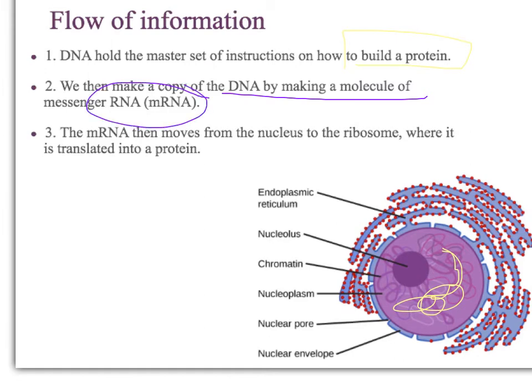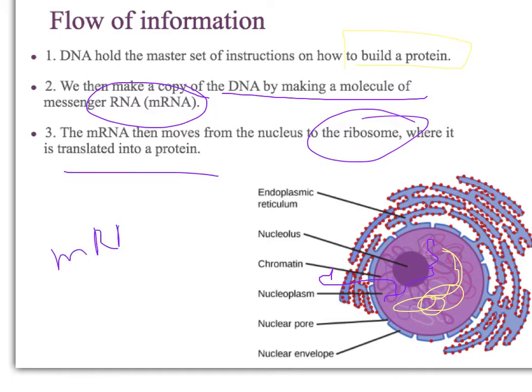The messenger RNA is then going to go out one of the nuclear pores and find one of the ribosomes. And remember, ribosomes are the organelles that make proteins, and it's going to translate that mRNA to a protein. And we're going to talk about these processes in this section.